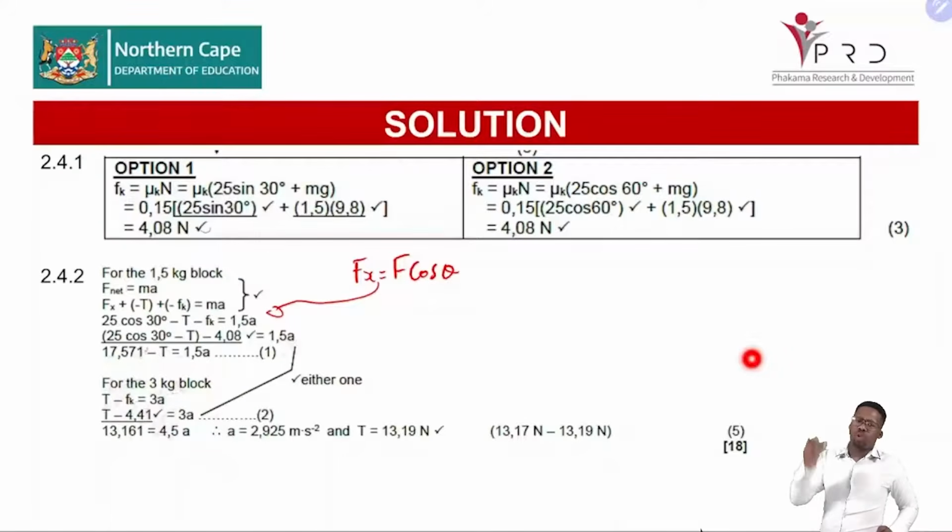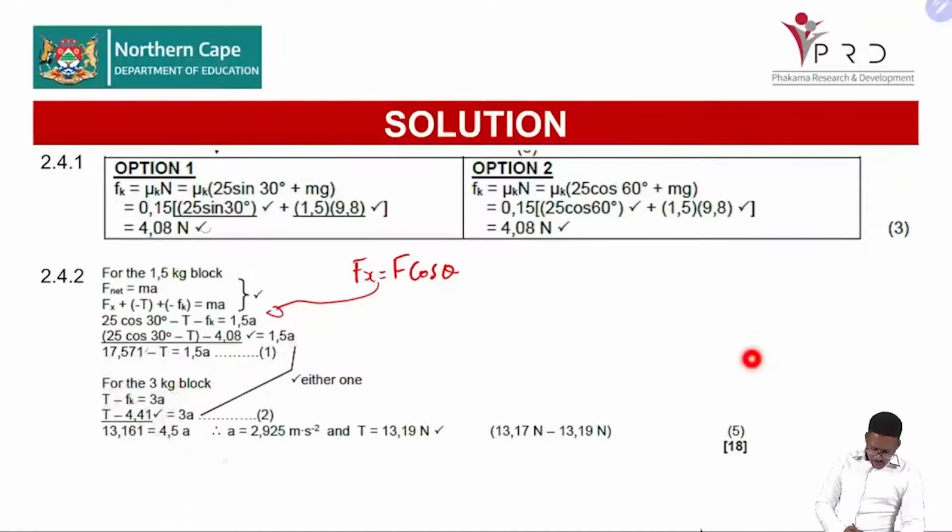Now for substituting correctly on our right hand side, either by saying 1,5A or by saying is equals to 3A, you get 1 mark. So you can see instead of getting 7, you can get 8. 1 mark for F net is equals to ma, and 1 mark for substituting correctly on the right hand side.